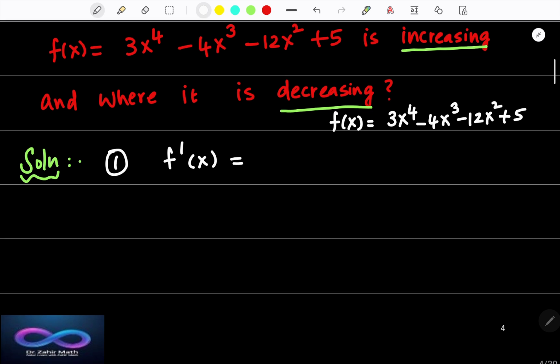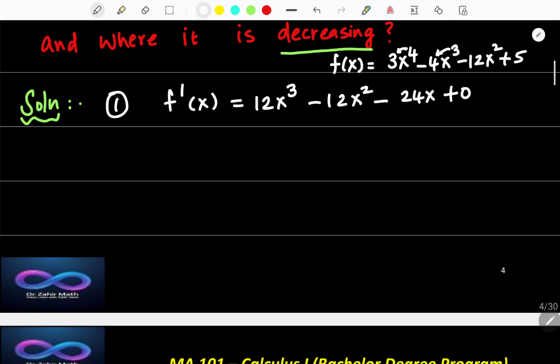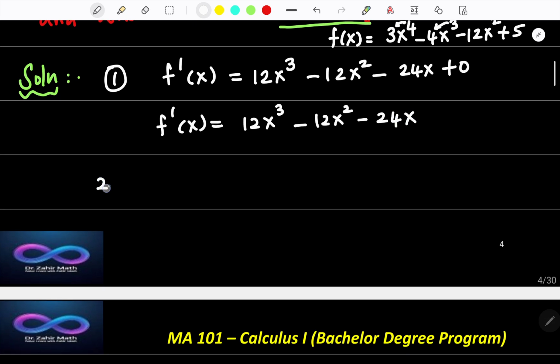The derivative: 3 into 4 is 12x cube. 4 into 3 is 12x square. 12 into 2 is 24x. And the derivative of 5 is 0. So f dash of x is equal to 12x cube minus 12x square minus 24x plus 0.